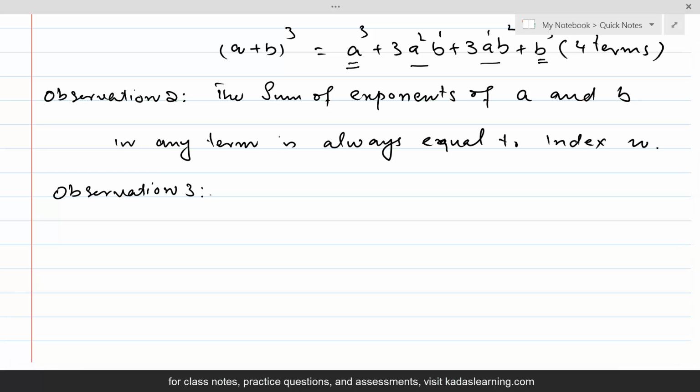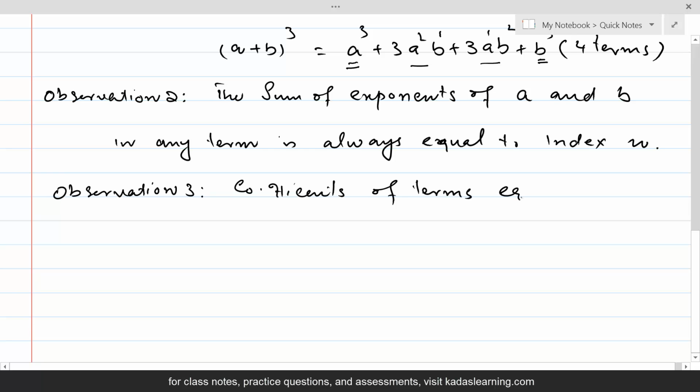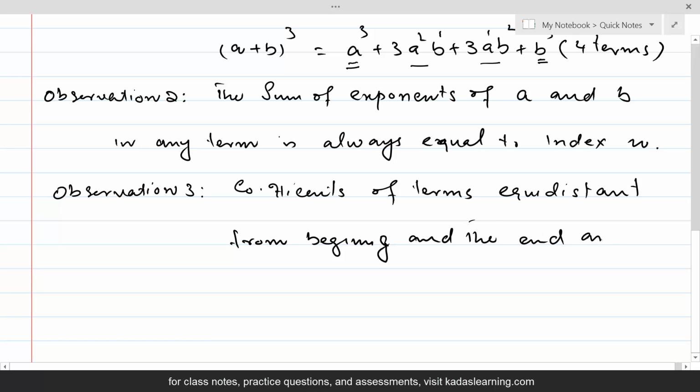Coefficients of terms equidistant from the beginning and from the end are equal.